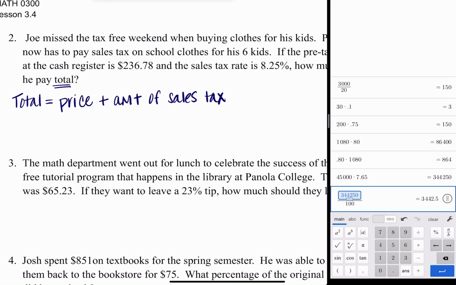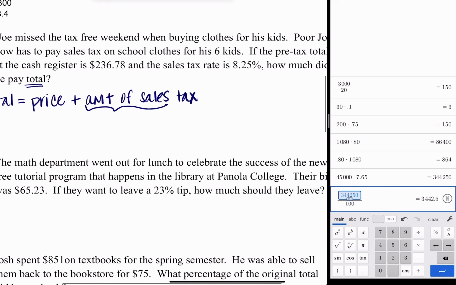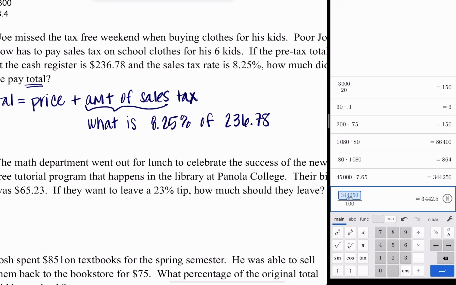So if we can find the amount of the sales tax, we can find the total price. To find the total amount of sales tax, we need to answer the question, what is 8.25% of $236.78?